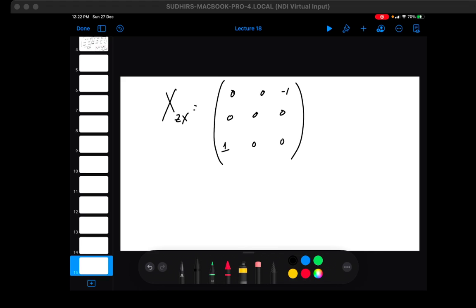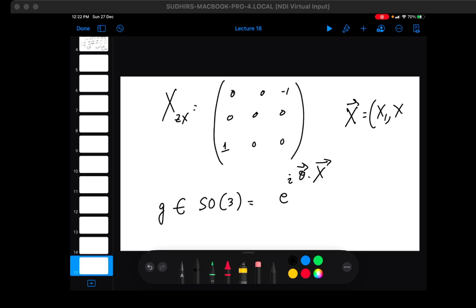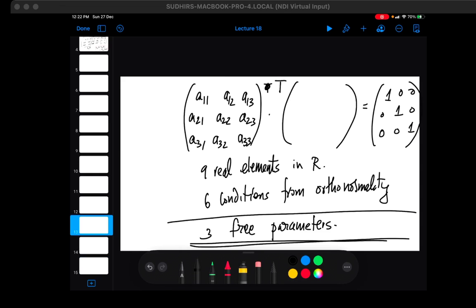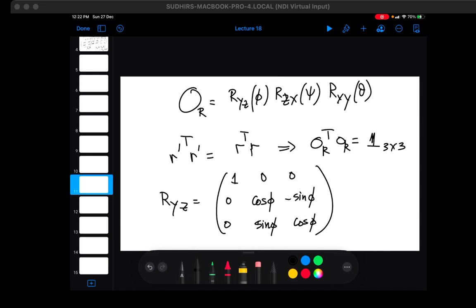So for SO3, any element G belonging to SO3 can be written as e to the power i theta bar dot x bar. Now x bar is essentially x1, x2, x3, or whatever we wrote, the three notations yz, zx, xy. Let me be more explicit: theta bar would be, using the notation here, phi, psi and theta.